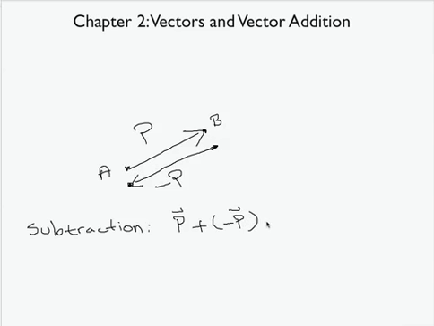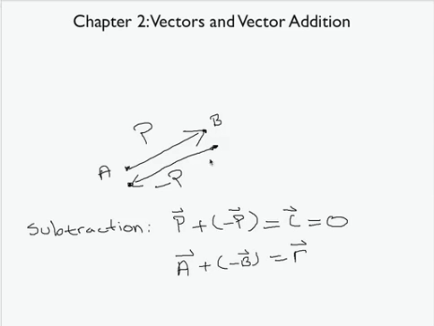My net motion will technically be some other vector, C, but that vector is going to be 0 because I've walked back and forth. For arbitrary vectors, you just think about it in terms of A plus minus B equals some sort of resultant R. So that's the way we think about negative vectors.